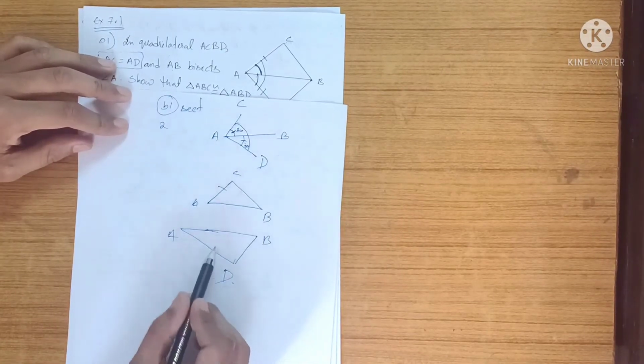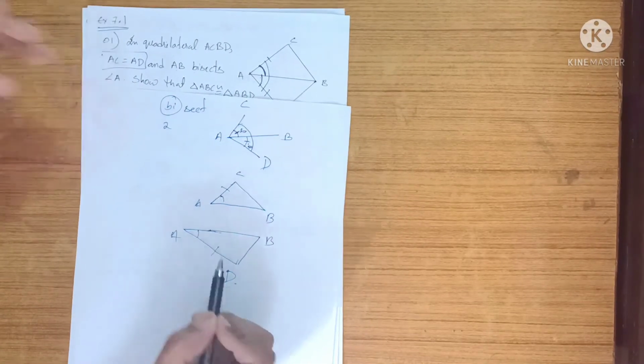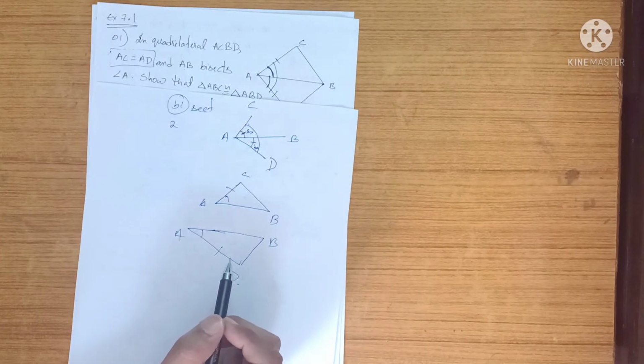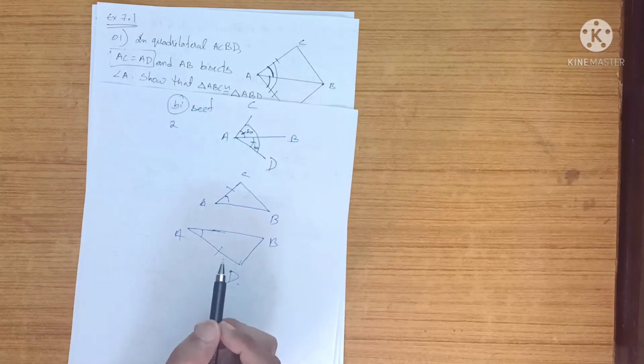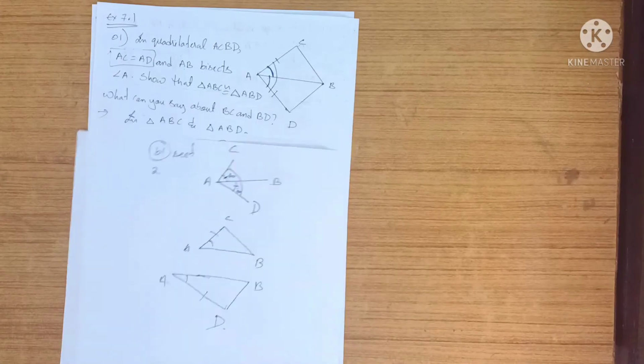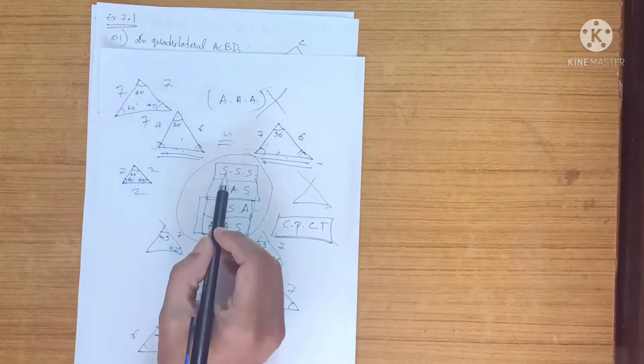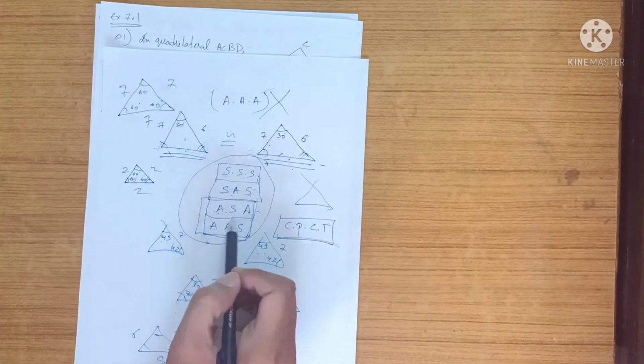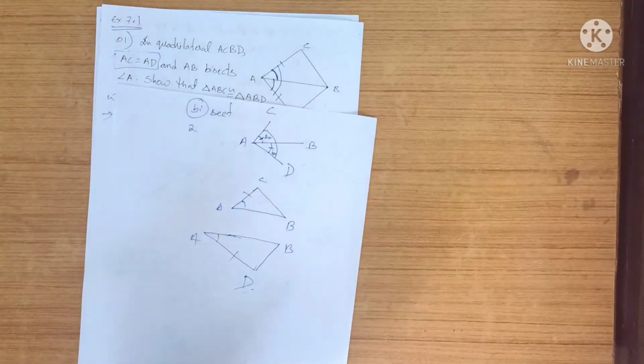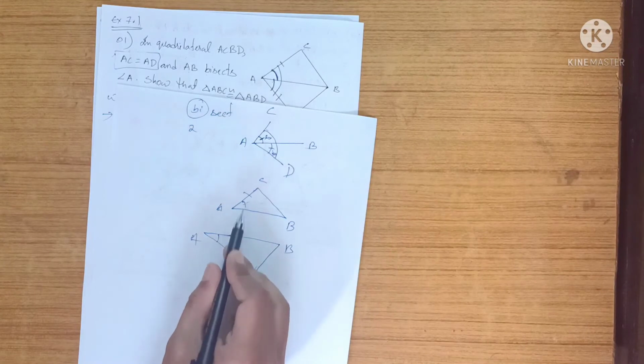We've shown that this is equal to this, and this angle is equal to this angle. Now we need an angle or a side. In the starting I've already told you we need three things: 3 sides, 2 sides and 1 angle, or 2 angles and 1 side. So we need at least an angle or a side, right? We have already done this.